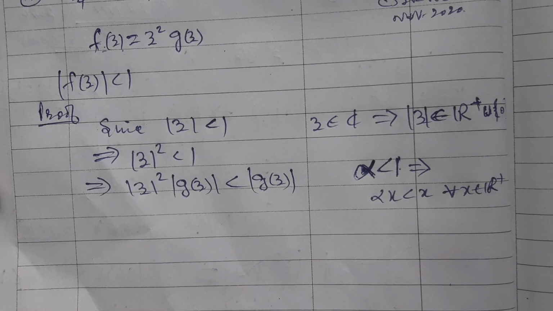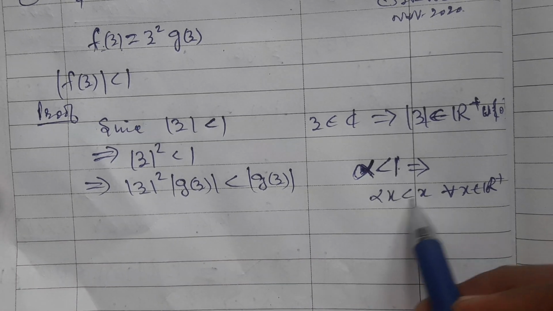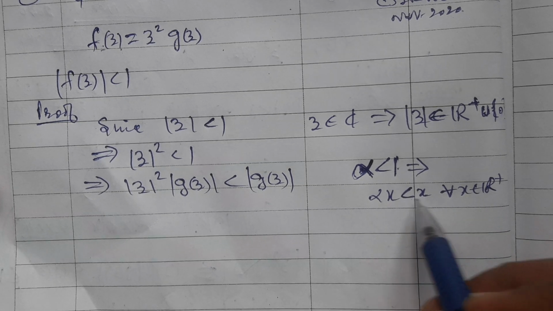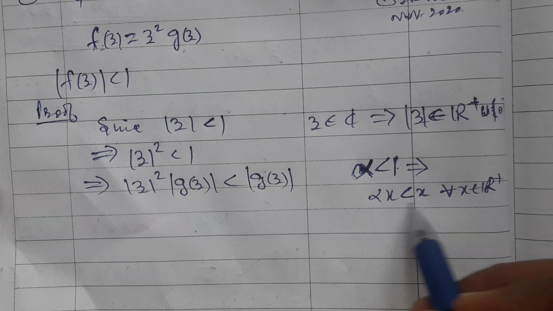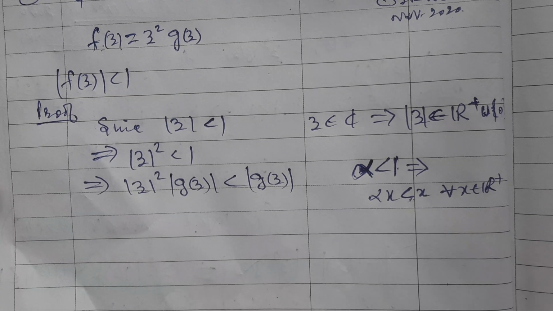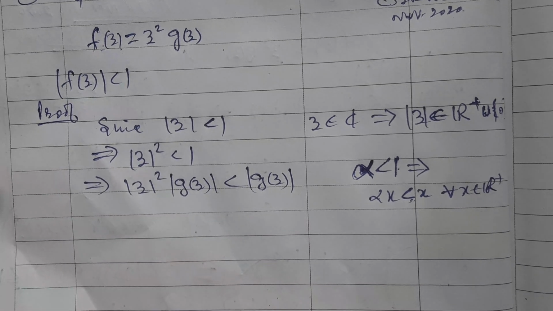Alpha may be 0 as well, and in that case it remains less than or equal to, with equality.